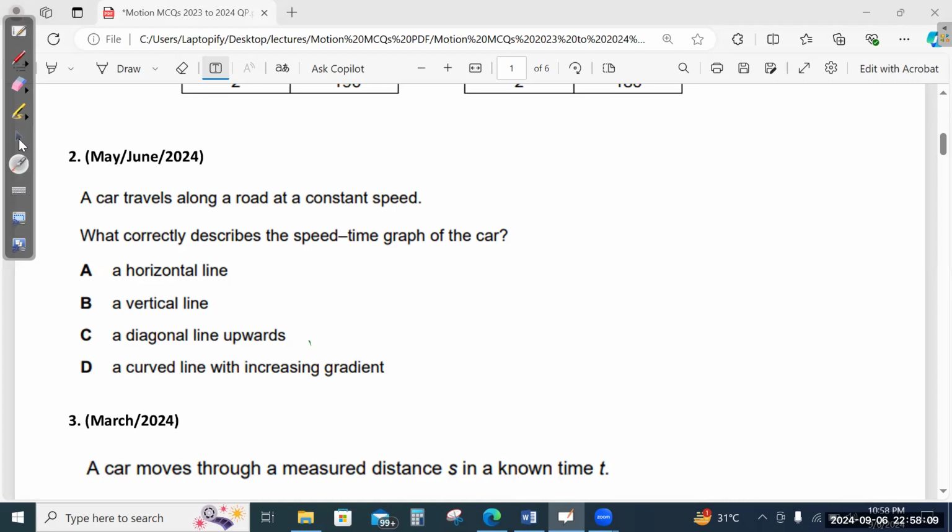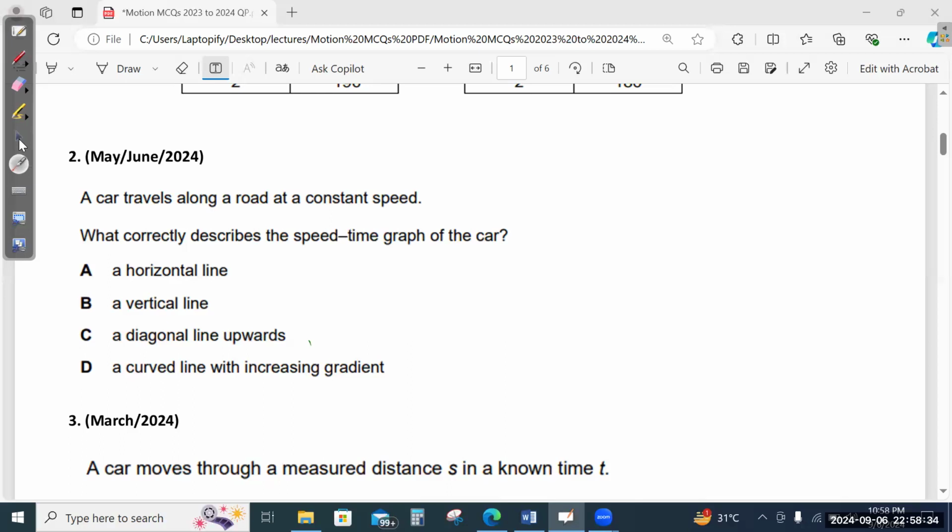Then in the second video of motion I explained the speed-time graph when the body is moving with constant speed, with constant acceleration, and when the body is decelerating with constant deceleration. Each and everything I have explained in the first and second lecture of motion.